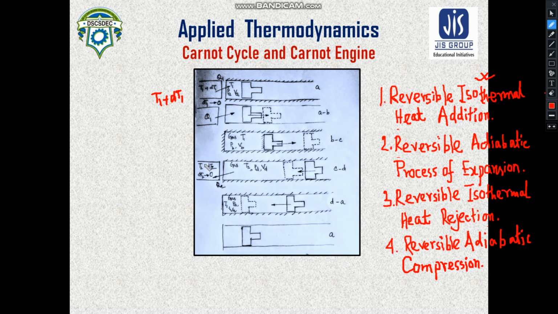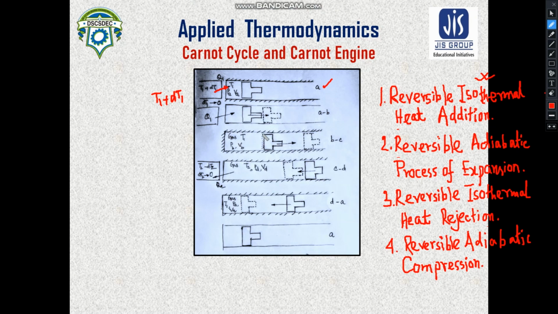Now you can see these dotted, hashed lines; they indicate that the lateral surfaces of the piston cylinder arrangement have been insulated. Heat is only passing through this diathermic wall. Here the pressure and the volume of the initial condition have been mentioned as PA and VA because it refers to the state A, and then you can see the piston has moved in the forward direction.